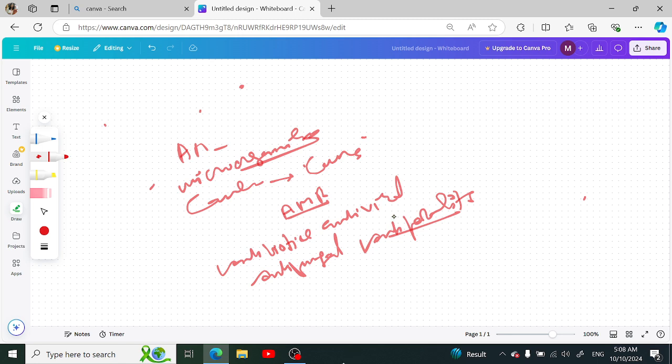So this is resistance against the superbug.